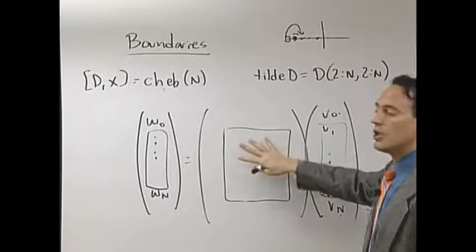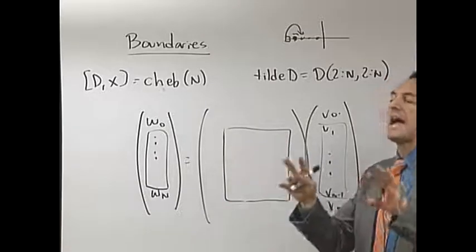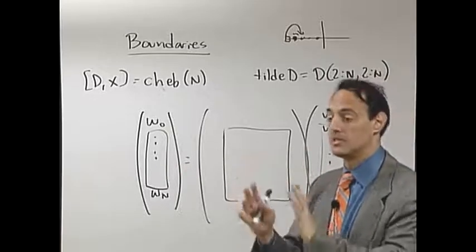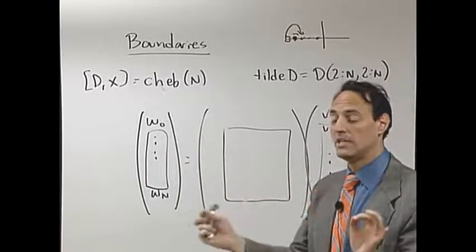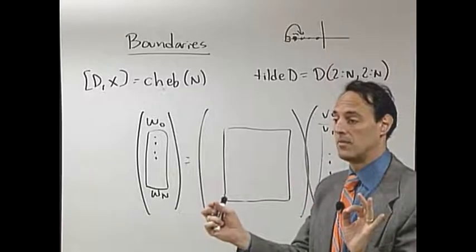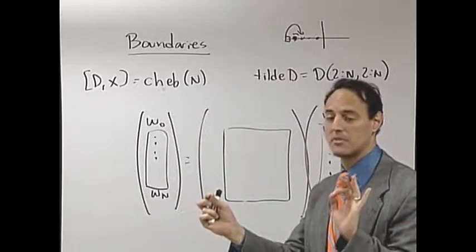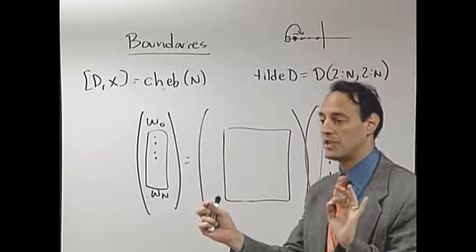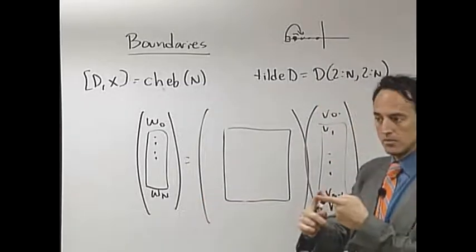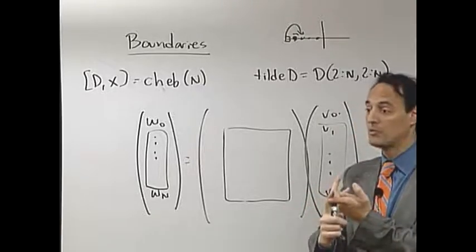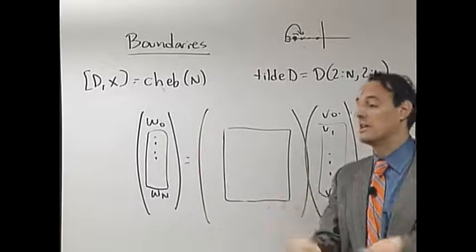All this is saying is the only active points you're going to actually evolve in time are the middle points. Let's say if you're going to solve a PDE, the edges are fixed, right? And then imposing boundary conditions is a little trickier. This is why it becomes kind of weird, because now, just like in homework 2, you have to figure out how do I impose boundary conditions back into my dynamics.